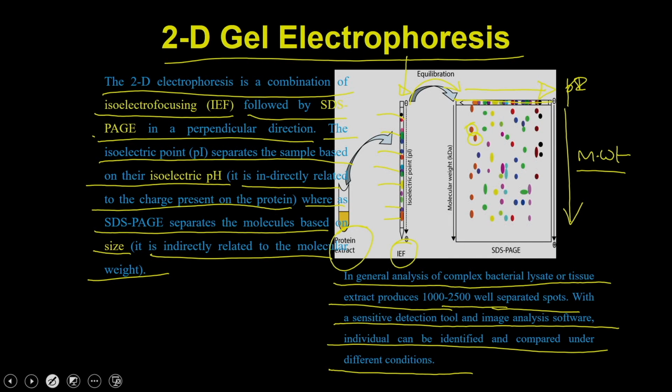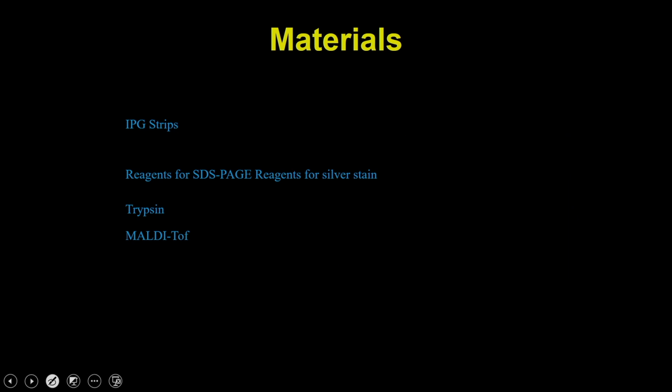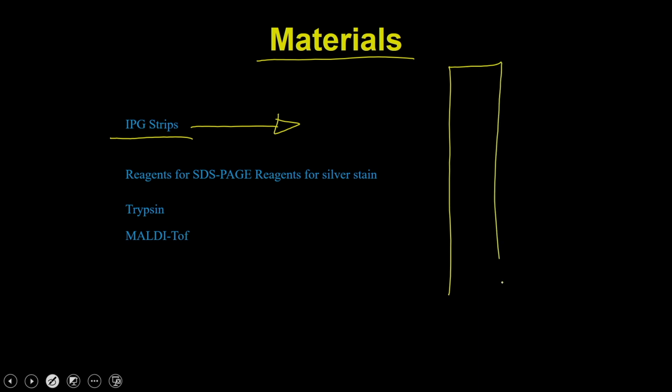How to perform two dimensional electrophoresis? The material required is the isoelectric focusing strips. These isoelectric focusing strips are nothing but strips of cellulose where ampholytes, which are amphoteric molecules, are arranged on the strips with different charges.